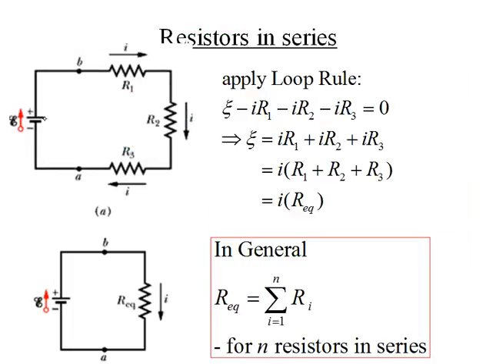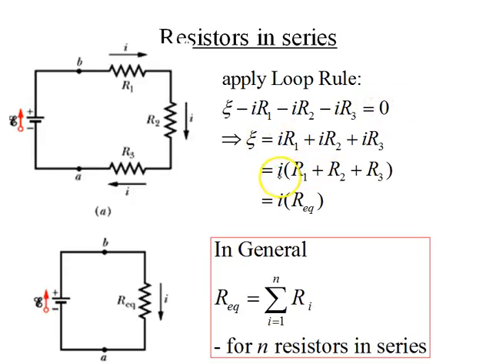So if we look at these resistors in series, we apply our loop rule, an increase of EMF, a decrease of IR1, a decrease of IR2, a decrease of IR3. We're back to node A. We have our equation. Set that equal to 0. We pull our EMF to the other side.